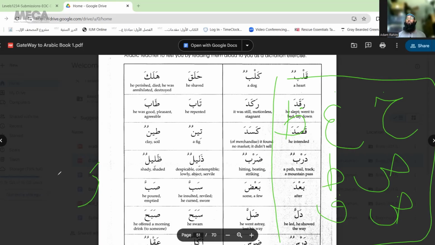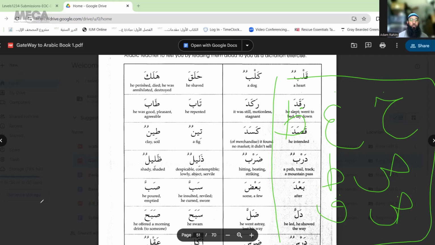We don't want to get too confused right now, so for now let's just stick to saying the letter ra is a heavy sound. But these letters I've enclosed in the box will always be heavy: kha, sad, dad, ta, dha, ghain, qaf, and the letter za.